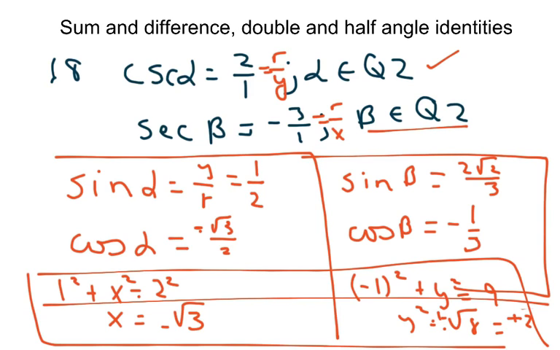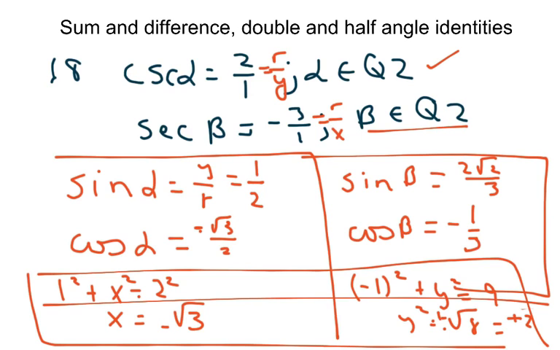Now, you need to write these down because we're going to use the formulas. So we know sine of alpha equals 1/2, cosine of alpha equals negative root 3 over 2, sine of beta equals 2 root 2 over 3, and cosine of beta equals negative 1/3.